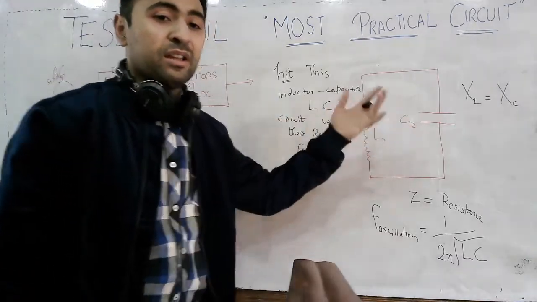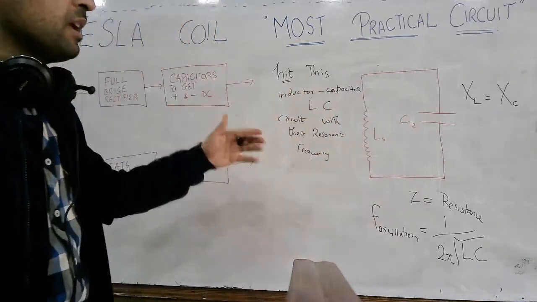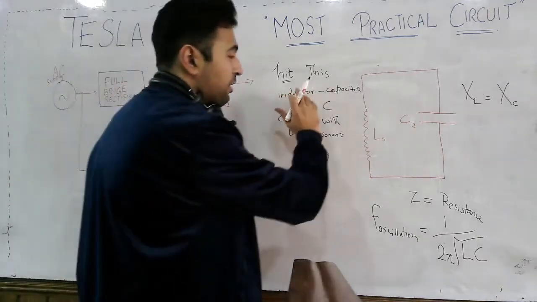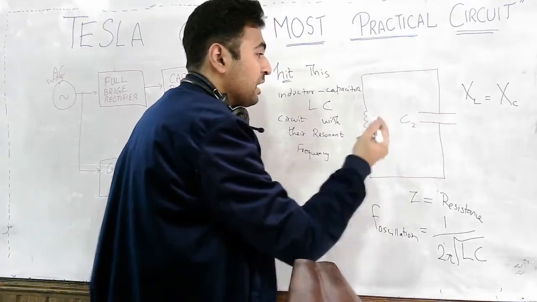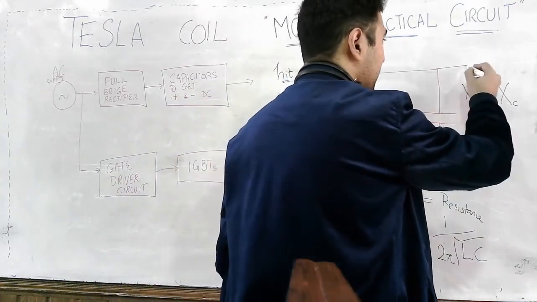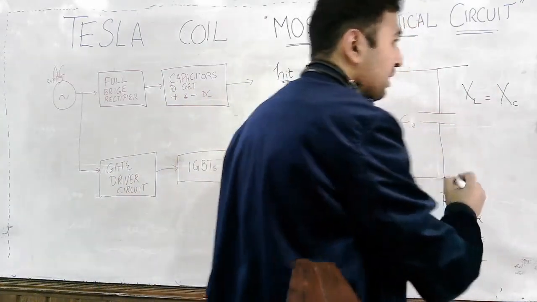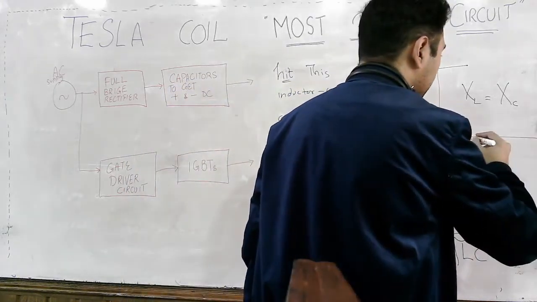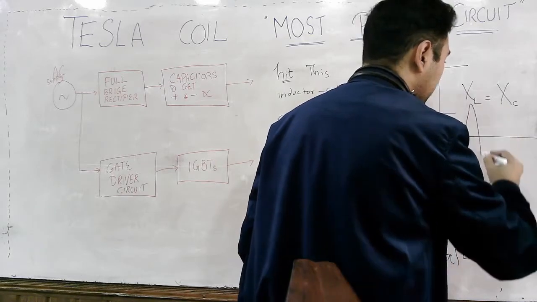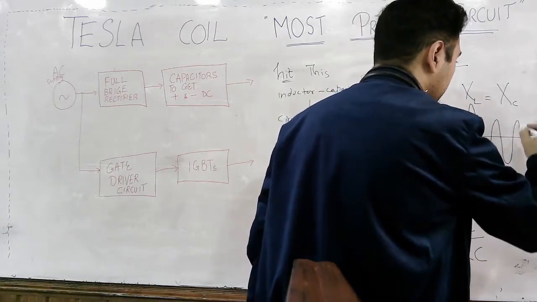The stored energy behaves in such a way, or the energy transfer from primary to secondary side is such a way, that we get the maximum possible output voltage, that is, it starts from the peak and then damps out.